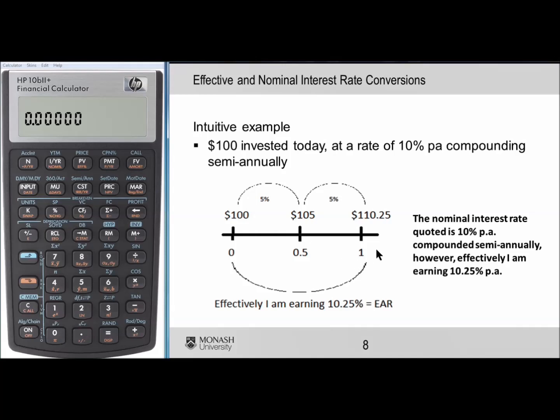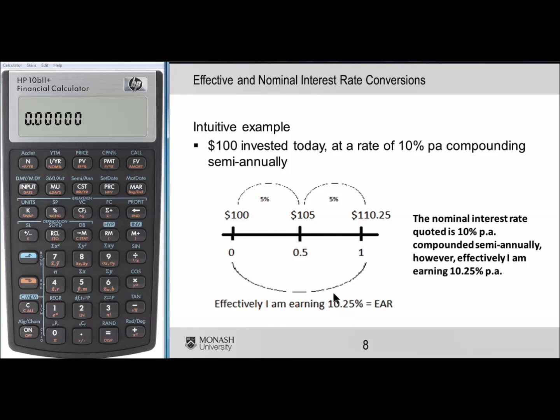And by another 6 months later, $105 will grow to $110.25. So effectively, over the 1 year period, out of $100 principal, I am earning an interest of $10.25, which gives me a rate of 10.25%.